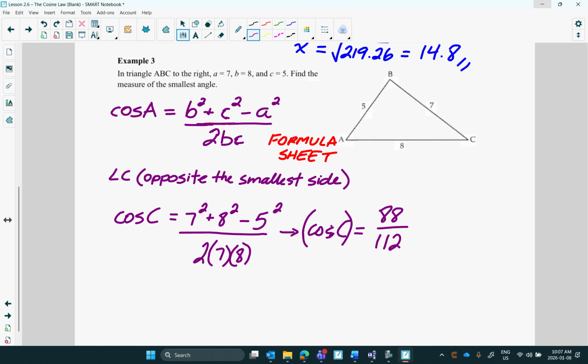So I have to take cosine inverse to cancel those out, which means I have to do cosine inverse of 88 divided by 112. And let's just round that. Well, let's go 1 decimal place. If you went to the nearest degree, that's fine too. You get 38.2 degrees. Okay.